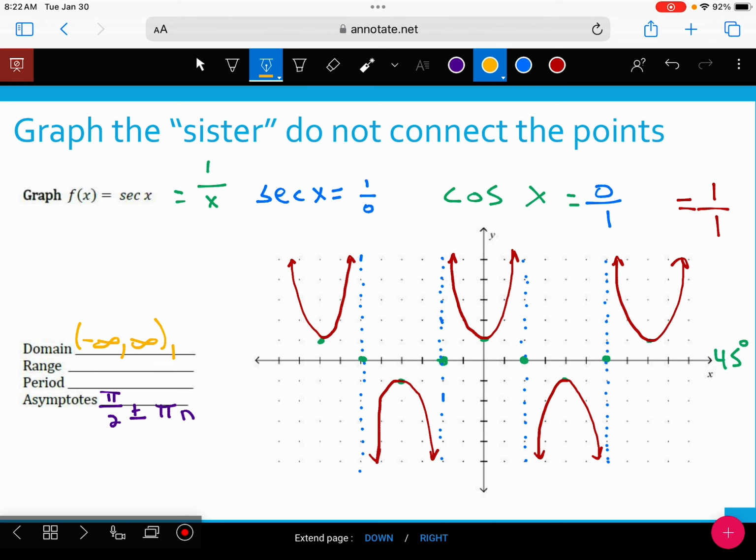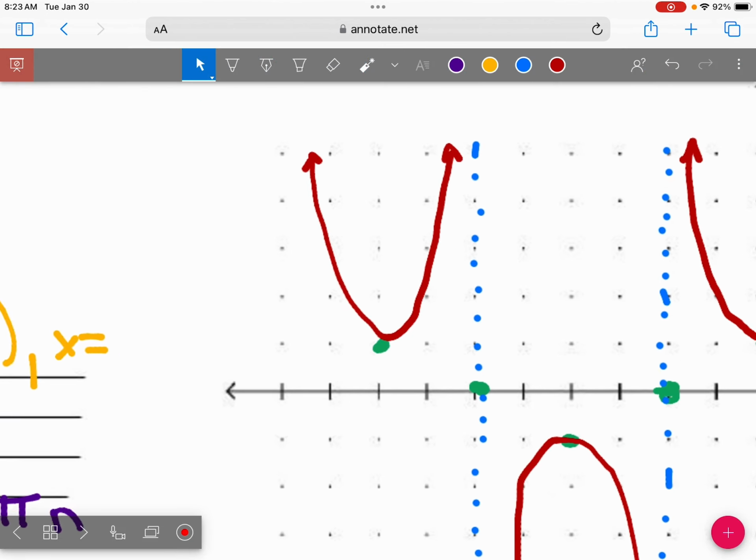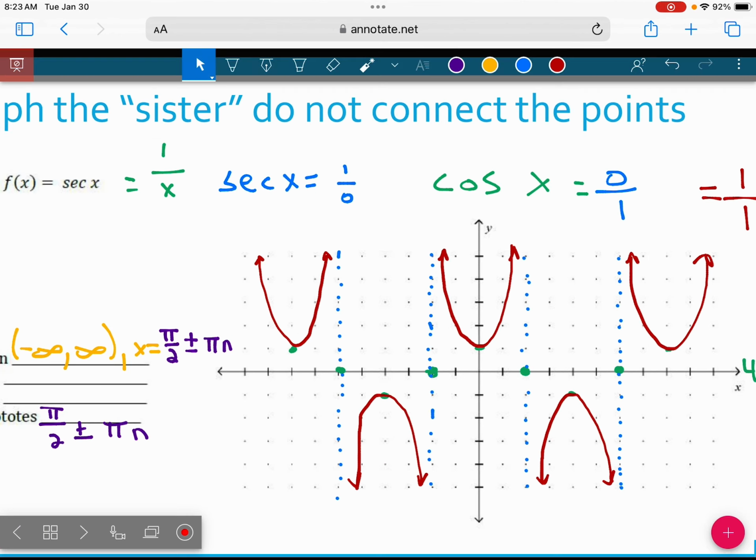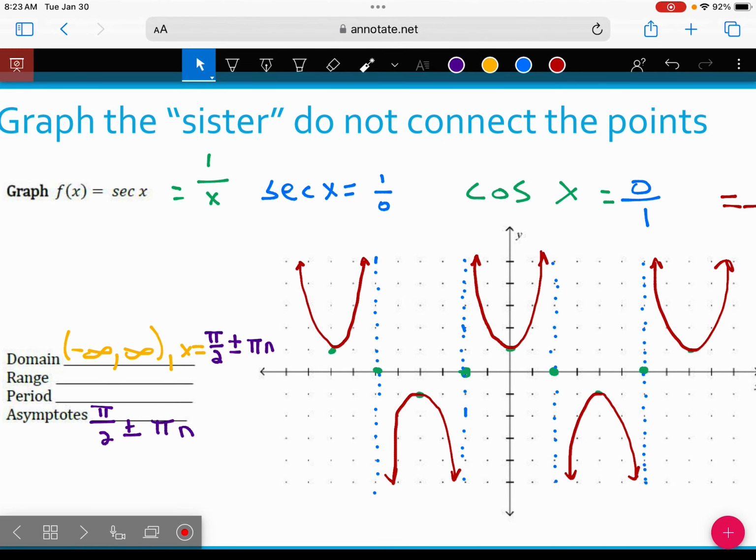So we're going to say all real numbers, but when x equals pi over 2 plus or minus pi n. So that's how we write out our domain. And you can kind of see that. It's going to be every x number except for when we have an asymptote.